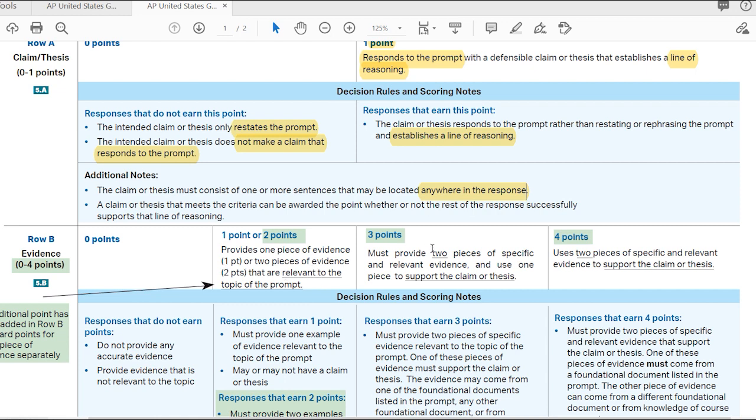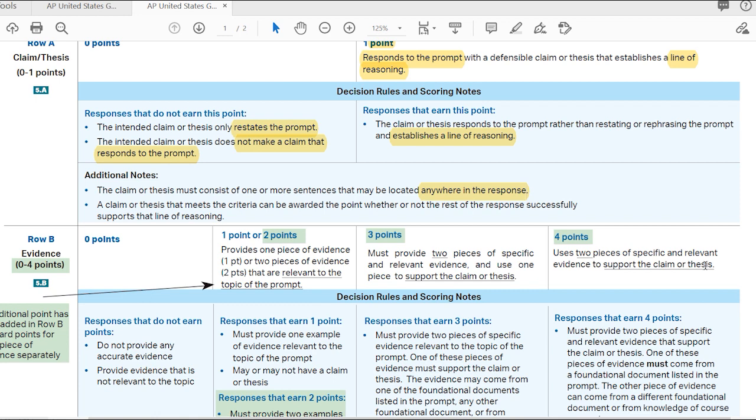The third point, you must provide 2 pieces of specific and relevant evidence and use 1 piece to support the claim or thesis. And then the fourth point is if you use 2 pieces of evidence that are specific and relevant that support the claim.